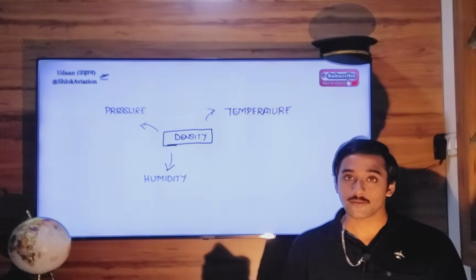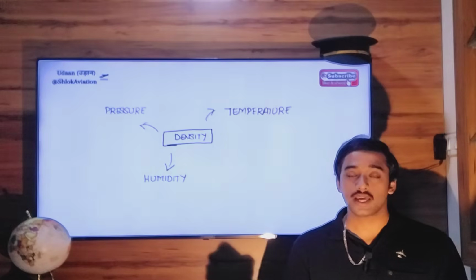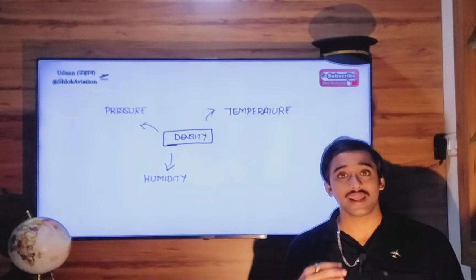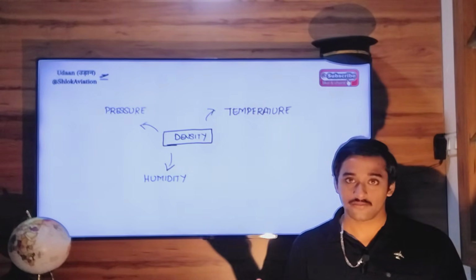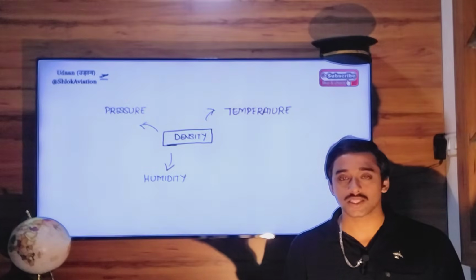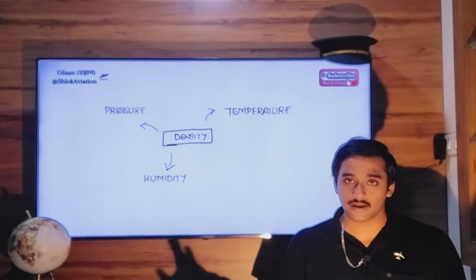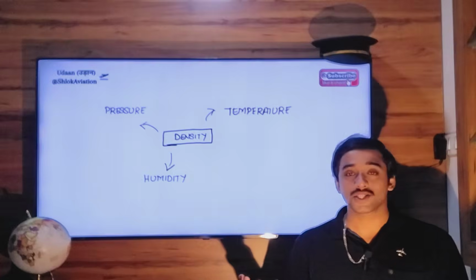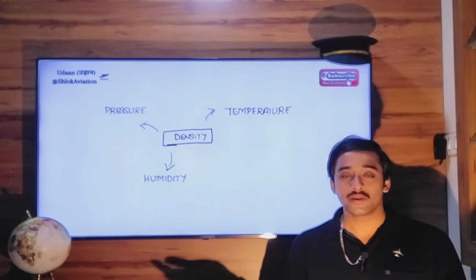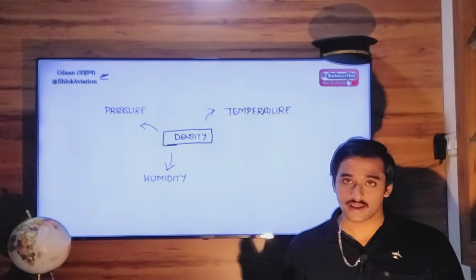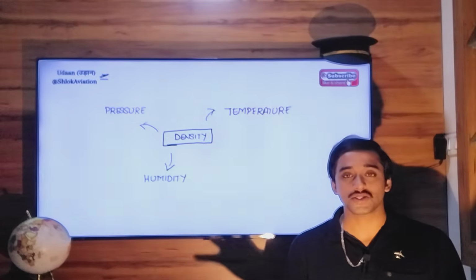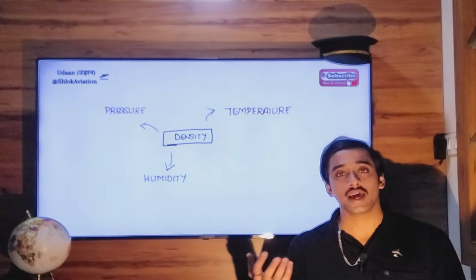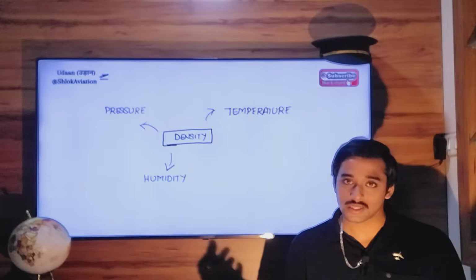Third is humidity. Density of air is very high when air is dry. Dry means no moisture, no water, nothing. And if the air is humid, like in Mumbai, humidity decreases density of air. So humid air is bad for density. Hence, indirectly it is bad for your aircraft performance.